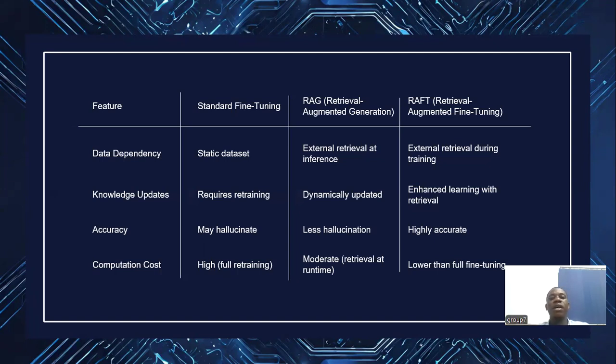Then RAG, external retrieval at inference, meaning when you ask the model to give you a response, it will at that moment retrieve the information, the data, then provide it to you.